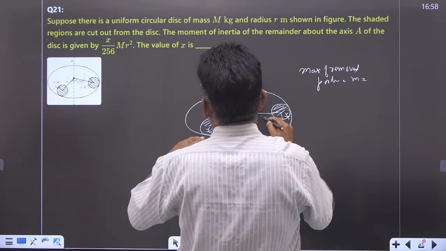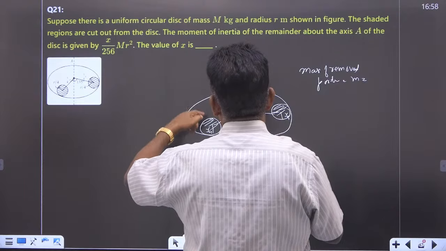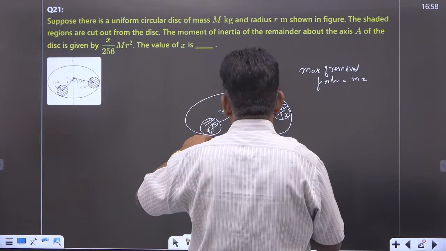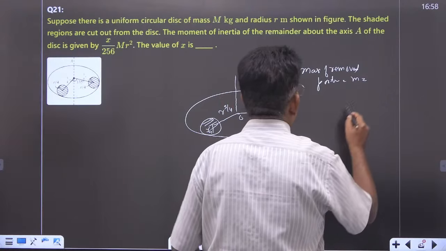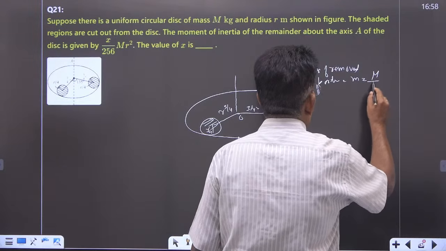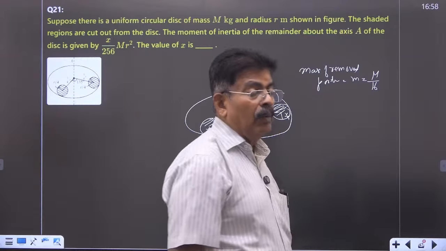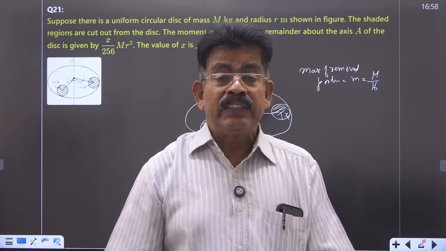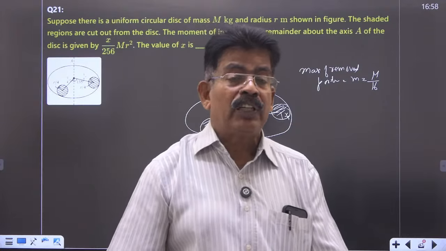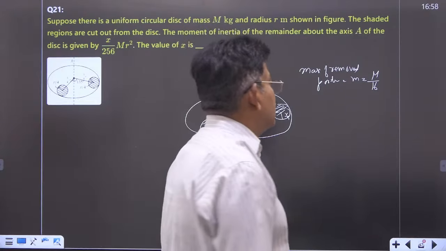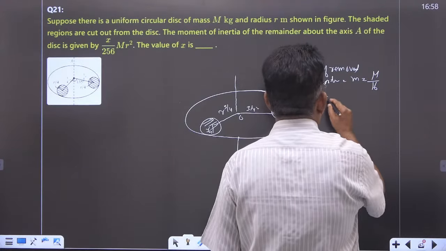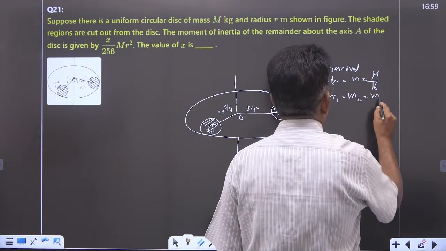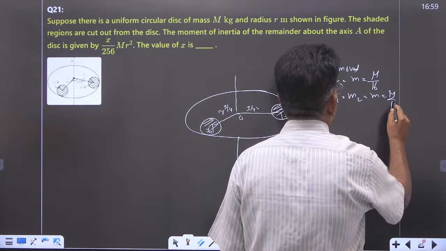Compared with the big disk, its area is only 1/16th. Radius is R by 4, so area will be 1 by 16, and mass will be M by 16. The mass of each removed portion, m1 equals m2, equals M by 16.